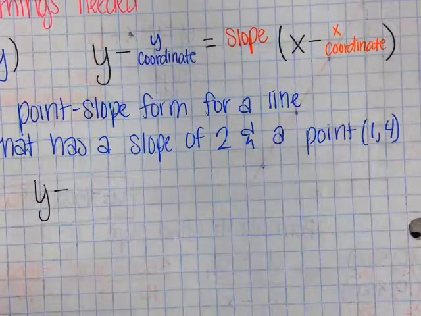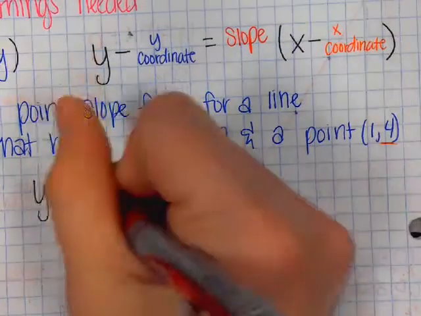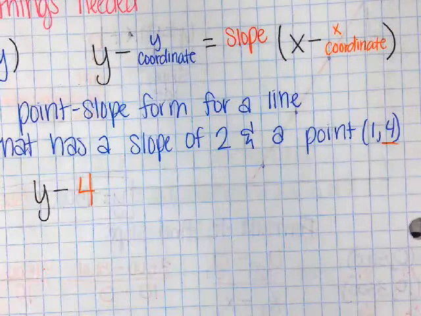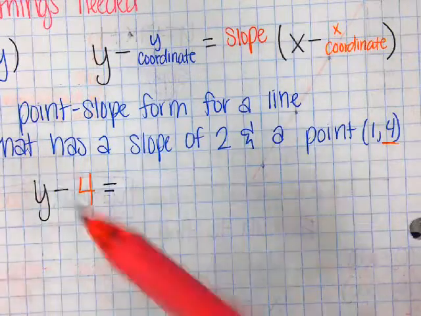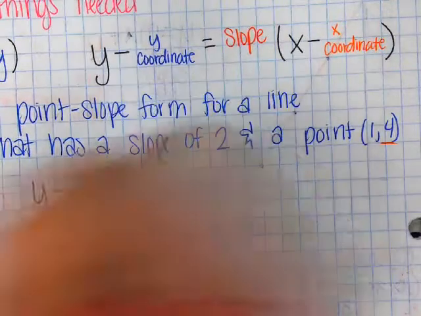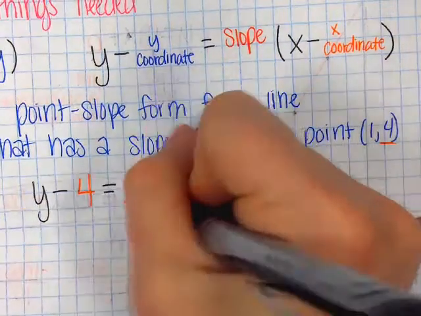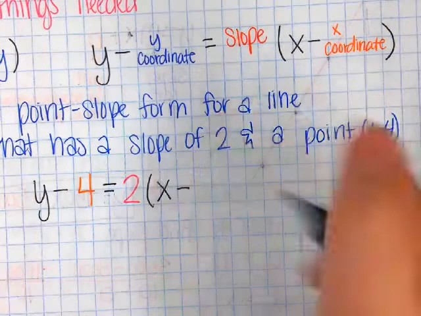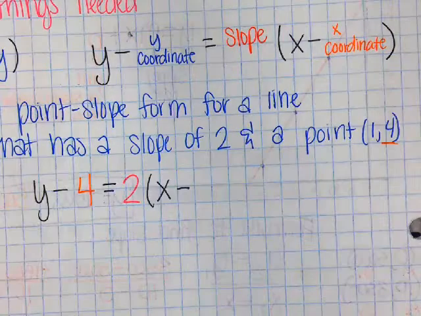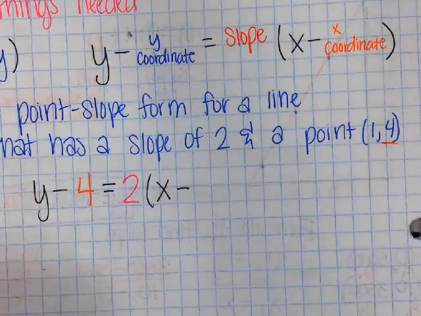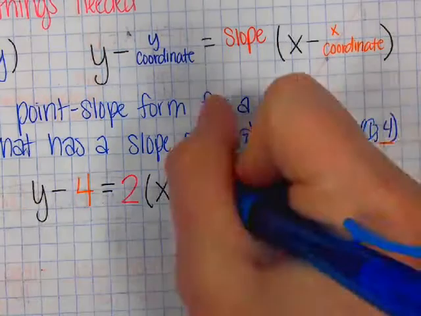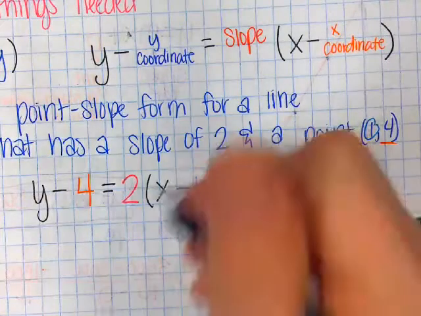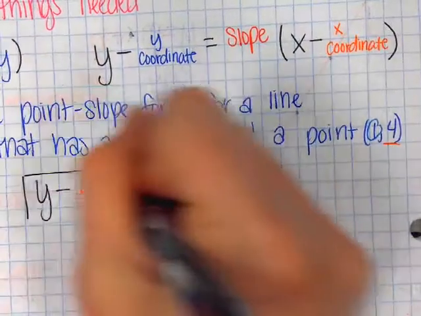So the y coordinate of that point is 4, so it would be y minus 4 equals, it says the slope is 2, so I'm going to do 2 parentheses x minus the x coordinate, which is 1. So that is the point slope form.